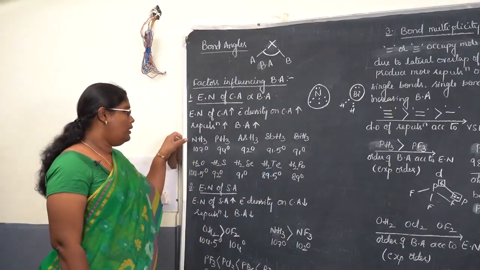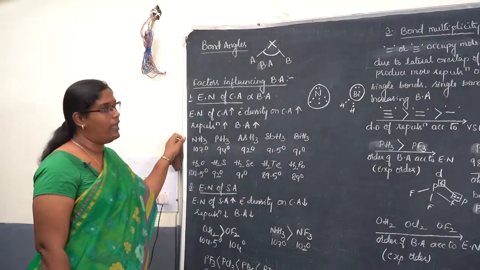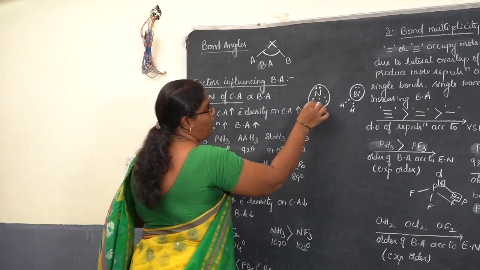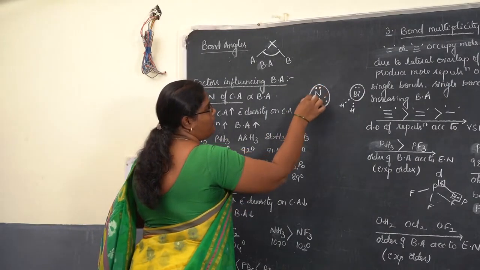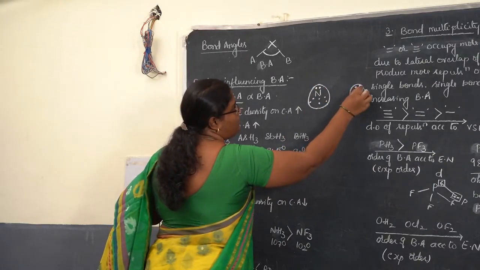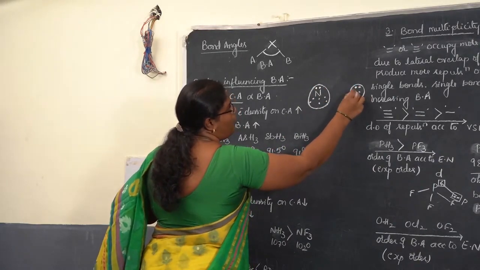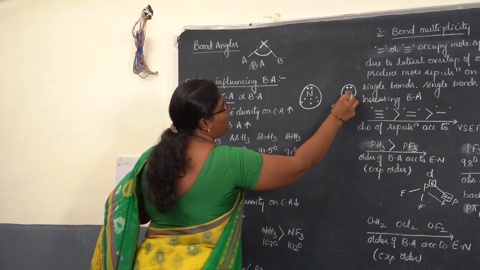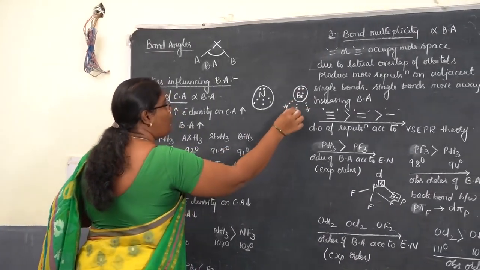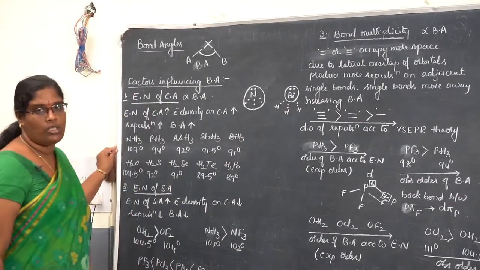In ammonia, nitrogen is more electronegative, so the entire lone pair density and bonded pair density is concentrated on nitrogen. In bismuthine, bismuth is less electronegative, so only the lone pair is concentrated on bismuth. Bonded pairs are closer towards hydrogen.